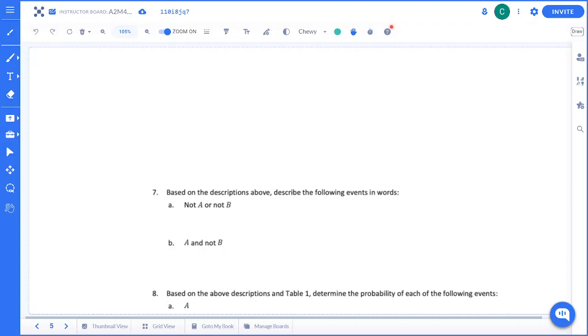So, based on the description above, describe the events in words, okay?